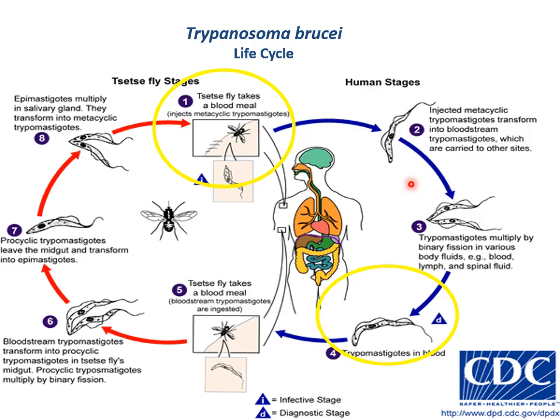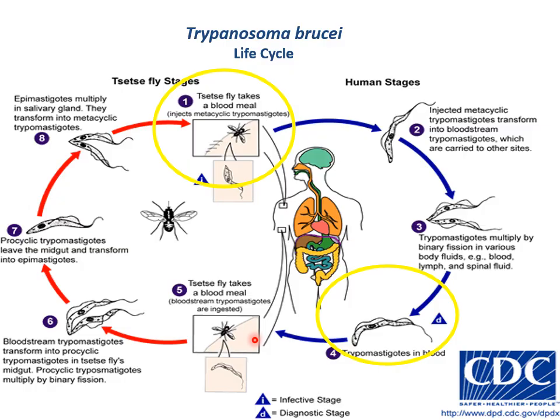I will start discussing the life cycle of African trypanosomas, which regroup Trypanosoma brucei gambiense and Trypanosoma brucei rhodesiense. The cycle or the infection begins when the tsetse fly takes a blood meal and it will inject into our blood metacyclic trypomastigote stages. These trypomastigote stages will divide by binary fission in various body fluids, including blood, lymph, and spinal fluid.